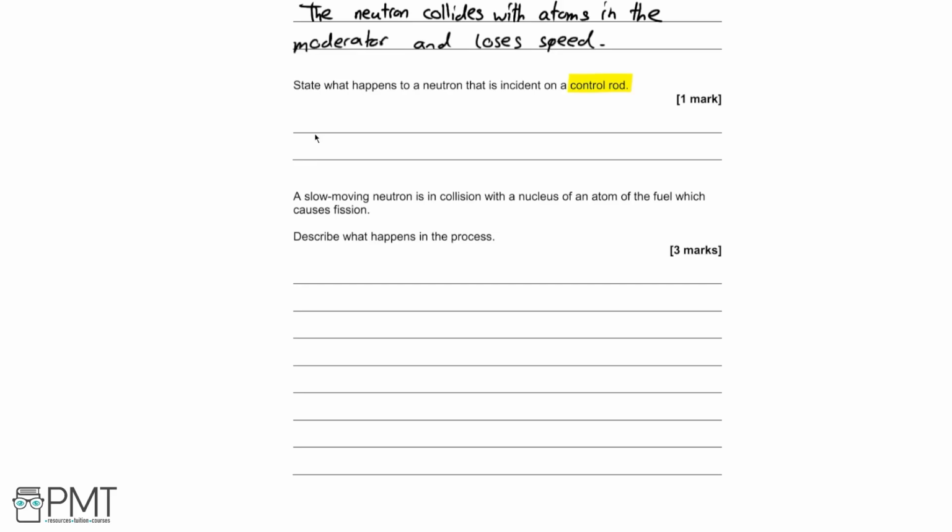If some of these neutrons are, however, absorbed by the control rods, then less neutrons are available to react, so the reaction can be sustained at whatever rate is required. Therefore, our answer here is that the neutron is absorbed.